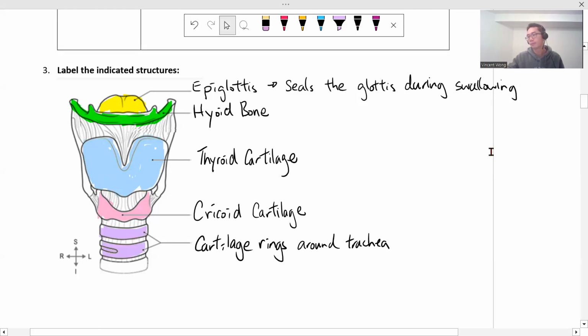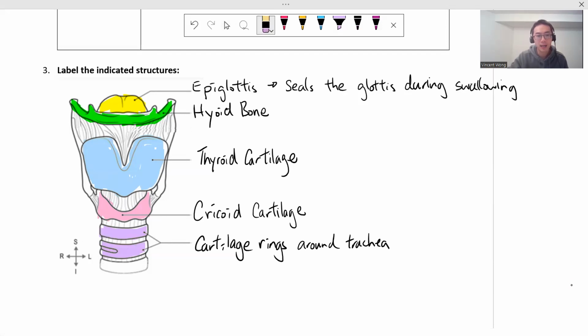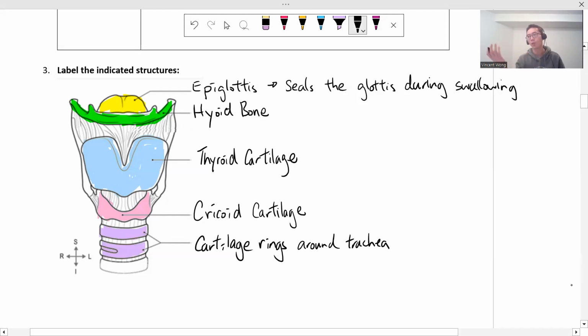All right, I have a question. Why does the middle one have that split in it? As you will see, the ring is not a full circle. There are some gaps in it because, can you remind me what's behind the trachea?